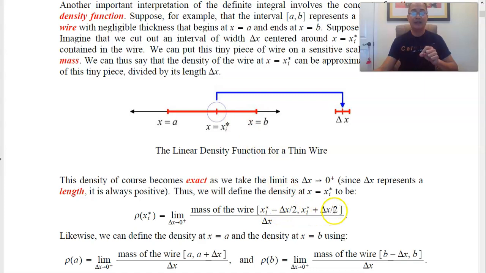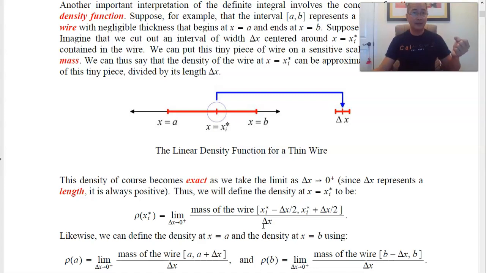In plain English, this interval is centered at xi star, of width delta x. That's why we have to divide by 2. So what is density? You need the mass of that little piece divided by the length. And if you've taken chemistry or physics, you might say, wait a minute, shouldn't that be volume?